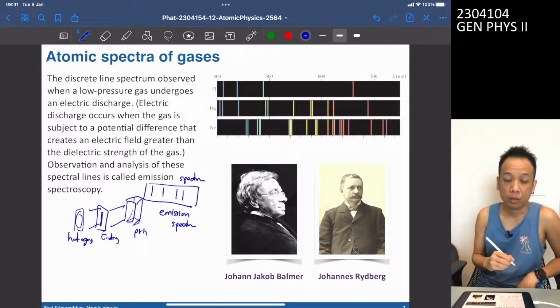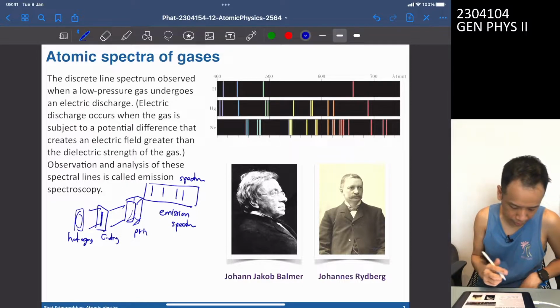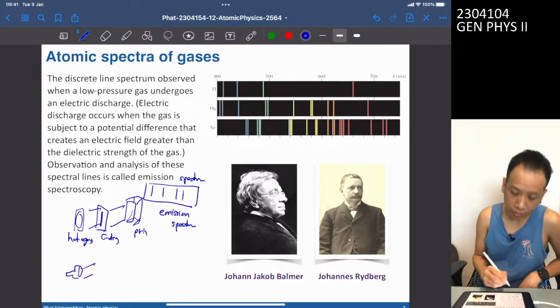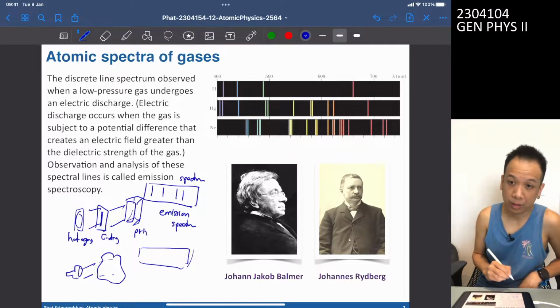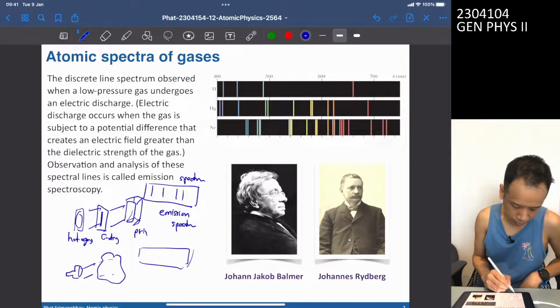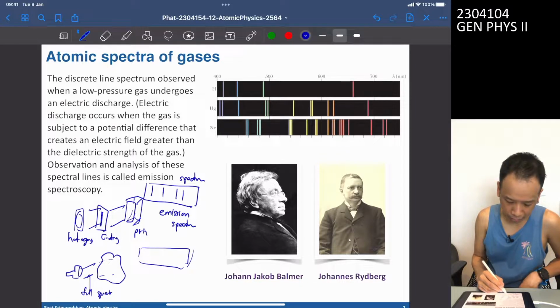Or in a different way, you shine white light onto the gas, and somehow you have the screen. When you have white light, you have the full spectrum, like the rainbow colors here.